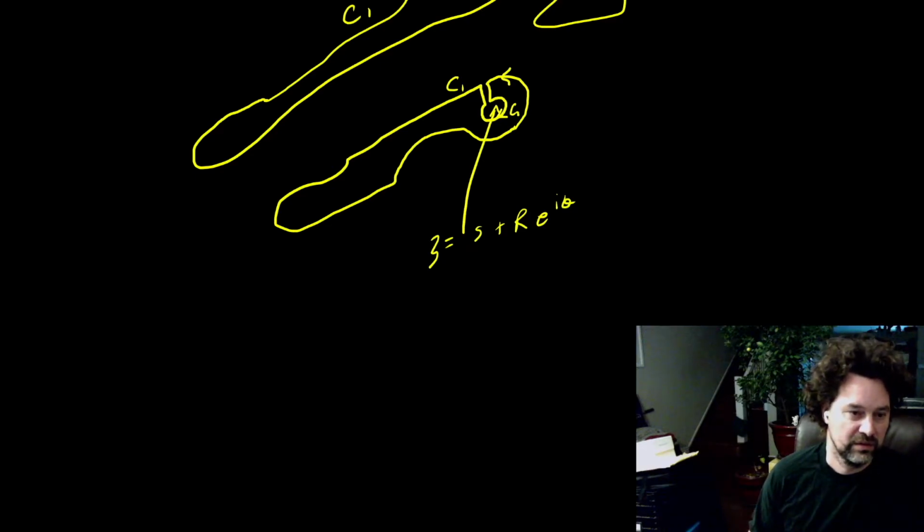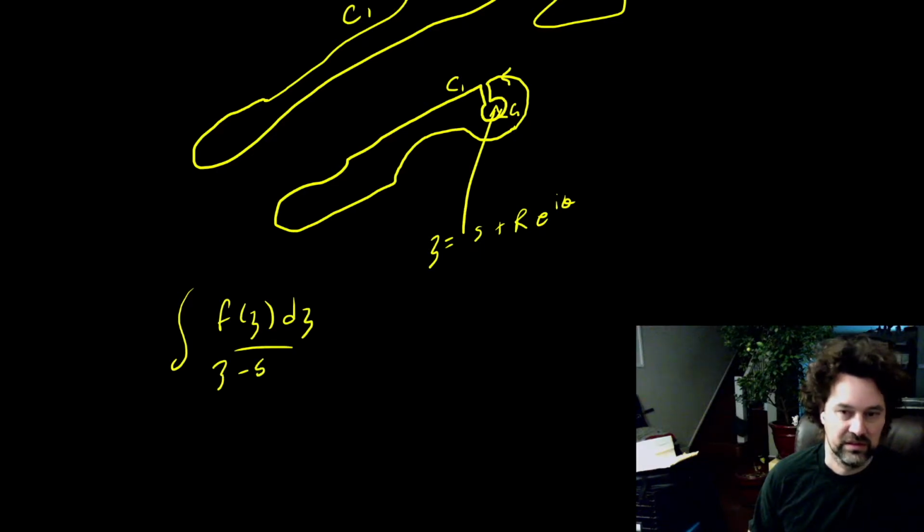And now we want to integrate f of z dz over z minus s. And we're coming along here. In this particular case, we're coming along in a negative sense, so a clockwise oriented circle.